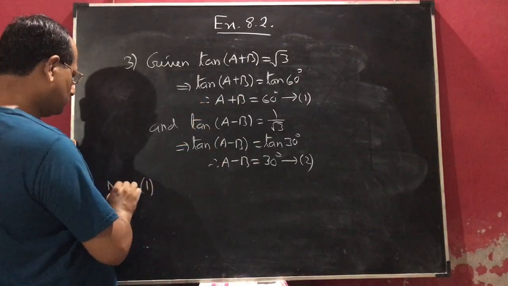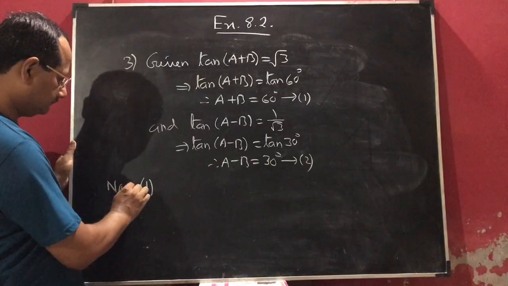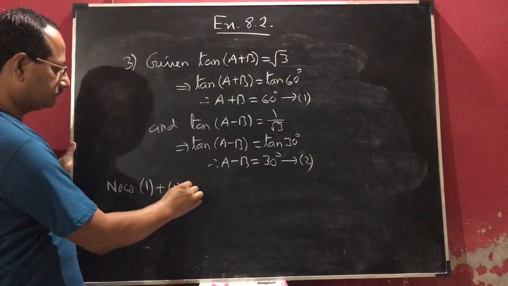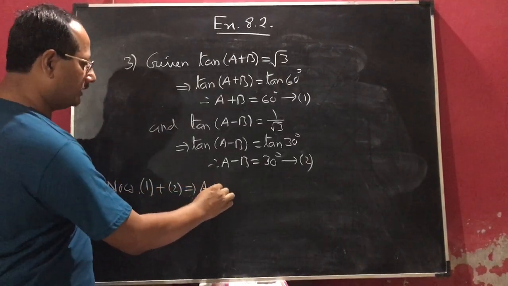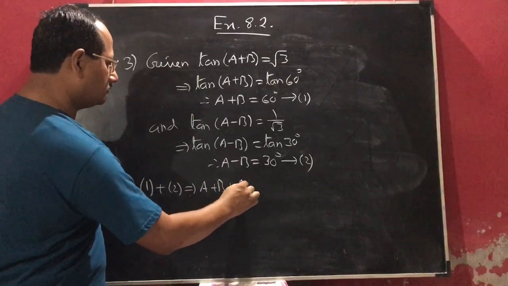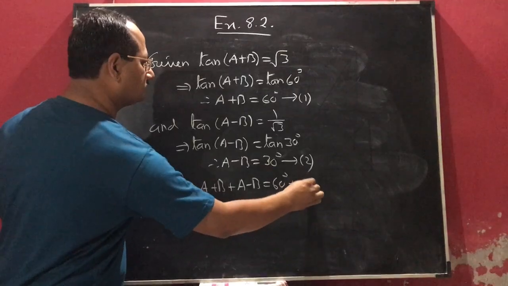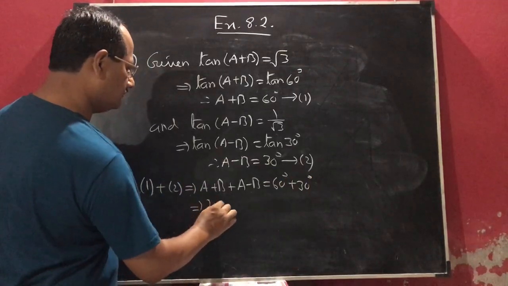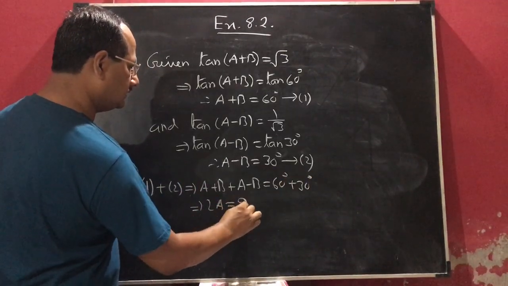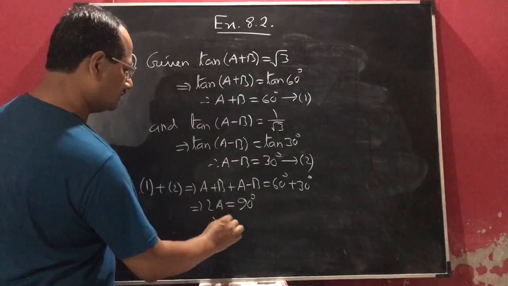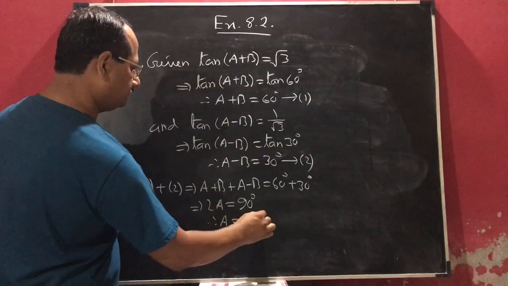Now 1 plus 2. That implies A + B + A - B equals 60 plus 30, which equals 2A, that is 90 degree. Therefore A equals 45 degree.